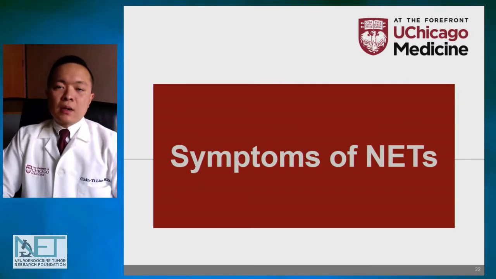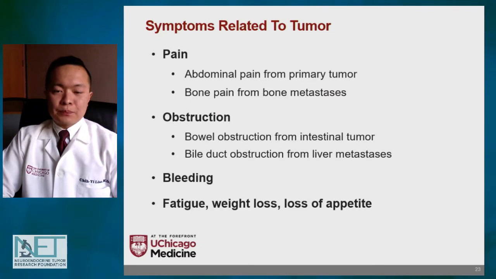So moving on to talk about some of the symptoms of neuroendocrine tumors. We can think about symptoms related to the tumors themselves. This may include pain, for example, abdominal pain from a tumor in the small intestine, or pain from tumors that have spread to other sites, such as bone metastases, which can cause lots of pain.